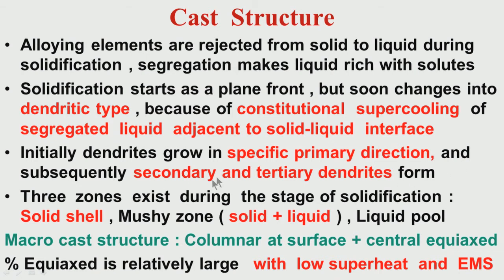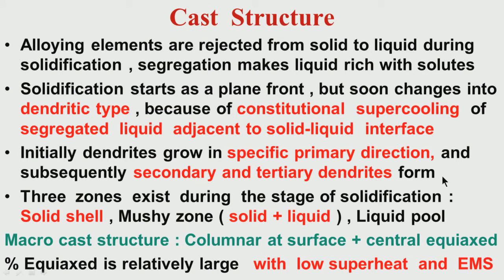Subsequently you have secondary and tertiary dendrites along other directions. The primary dendrites are longer, then almost perpendicular to them you have secondary dendrites, and perpendicular to the secondary dendrites you have some tertiary dendrites.